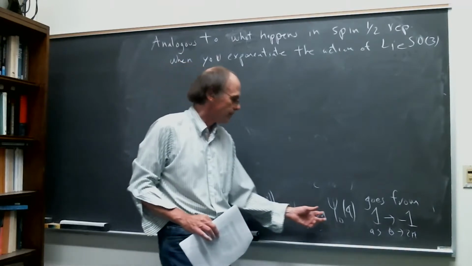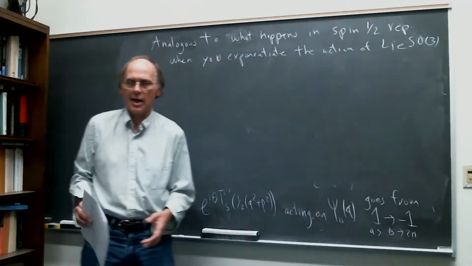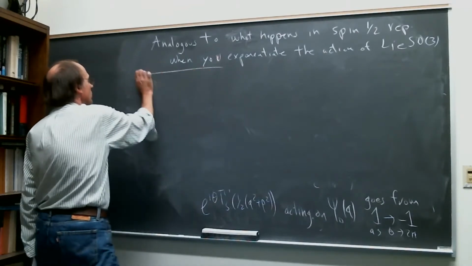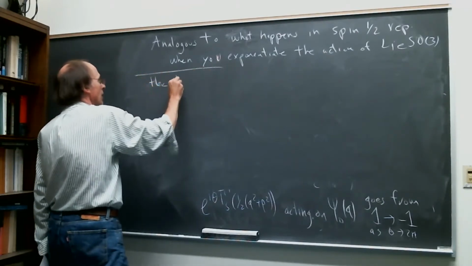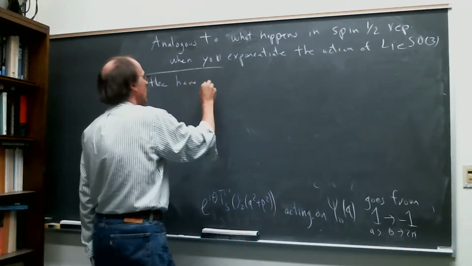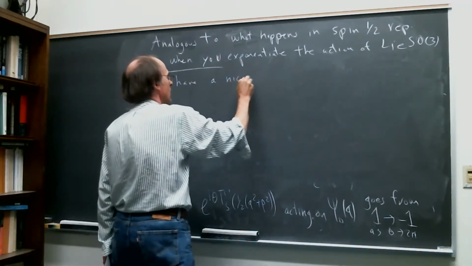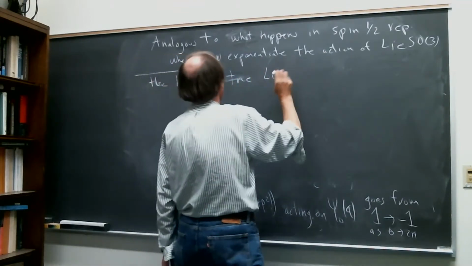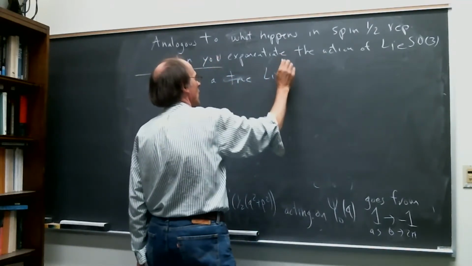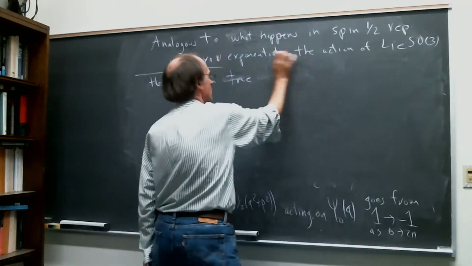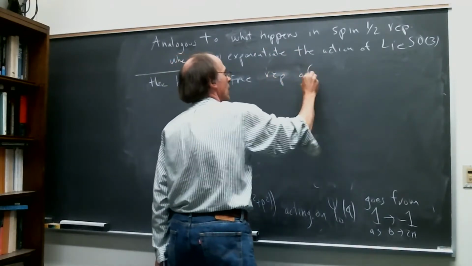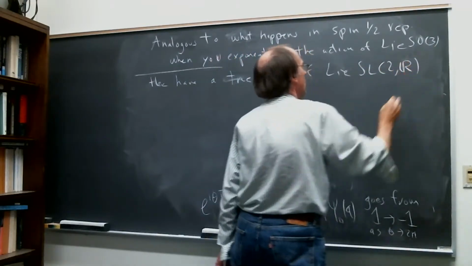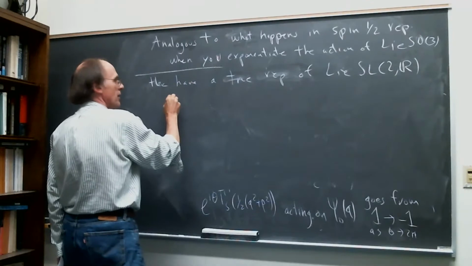So you have here a nice, true representation of the Lie algebra of SL2R, but you have a problem.